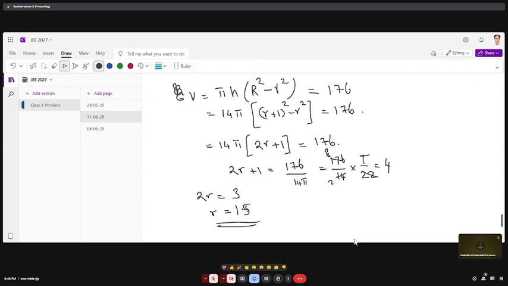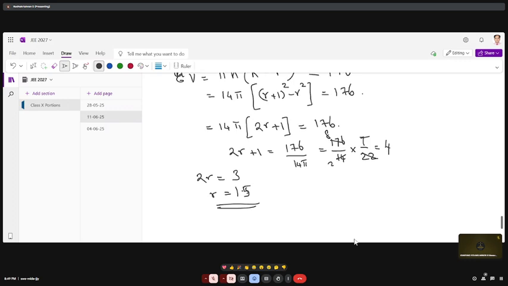So 2r plus 1 is 4, and capital R will be 2.5. That's all.